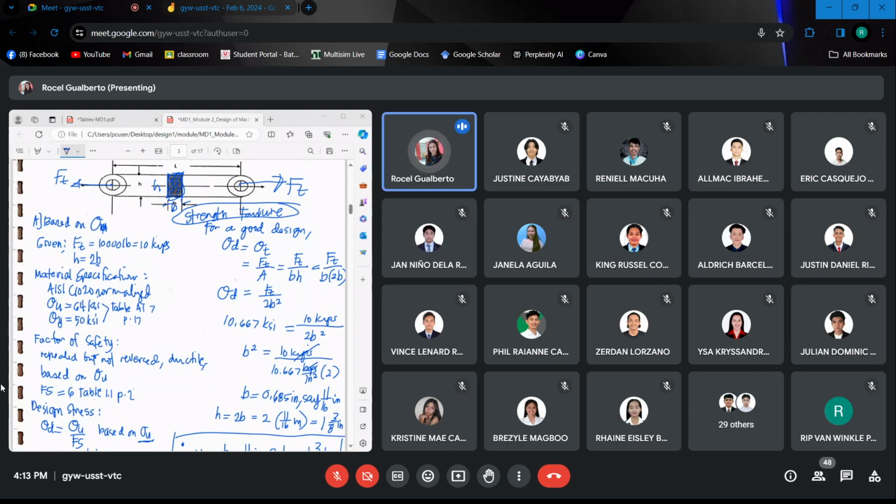Okay, access is updated. So you may post na po your answers here po. Again, from slide 2 to 18 lang po. Okay, I'll be using 19 and 20. So ang gagawin po natin yung letter B, base design on the yield strength.